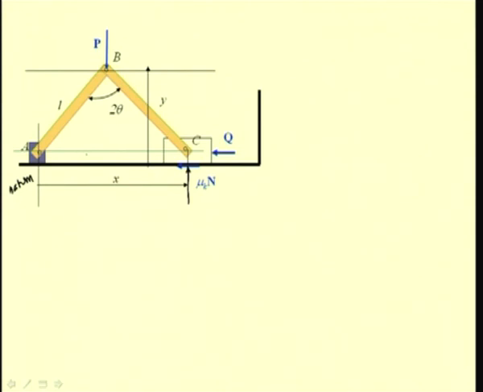So, the position of this joint B is given by y, and this gives the positive virtual displacement for the joint B, and this dimension x gives the location of this point C where these forces are acting, and the direction gives the positive virtual displacement delta x.